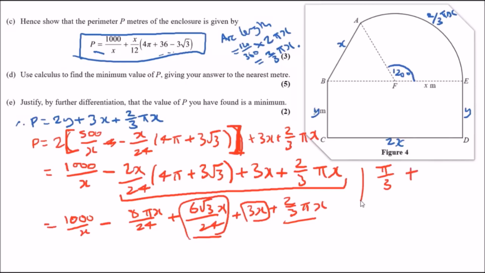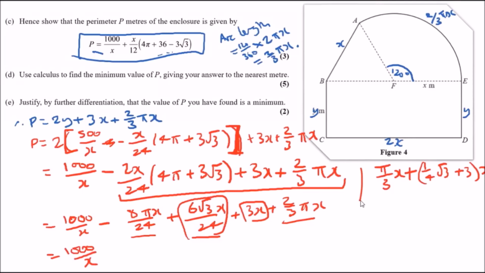So we're going to get plus a quarter root 3 plus 3 bracket x. I should also add an x here as well. And then we put 1000 over x minus all of this. And can we get it? Yes, I believe we can. So let's try this out. So therefore we got 1000 over x, and this question, they really have to make it long, equals plus pi over 3x. And now we just have to expand these terms. Plus root 3 over 4x plus 3x, and I can do this all in one go.